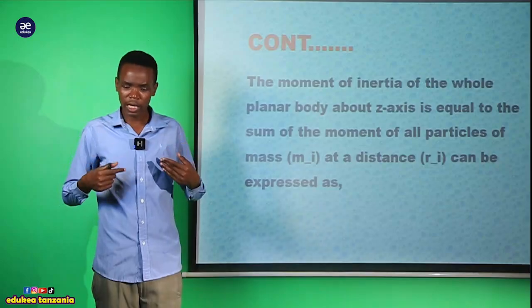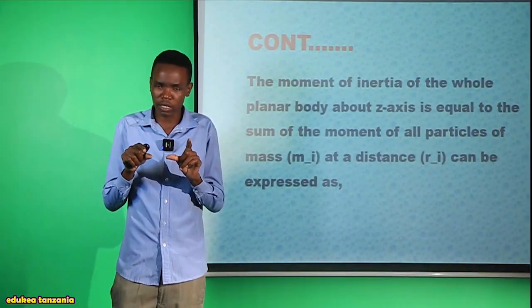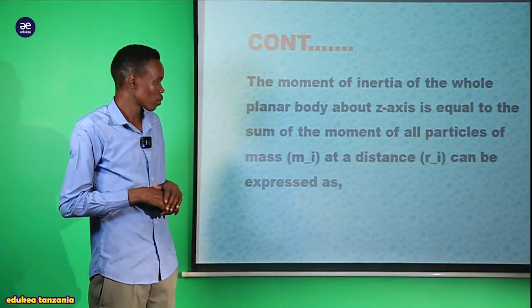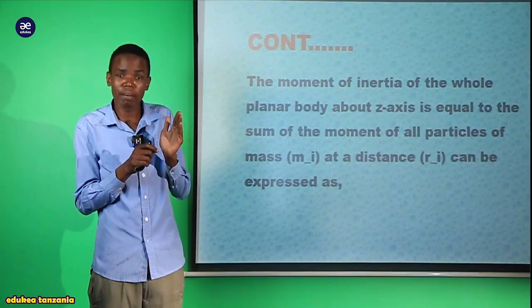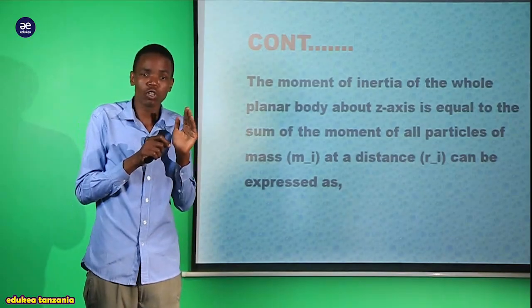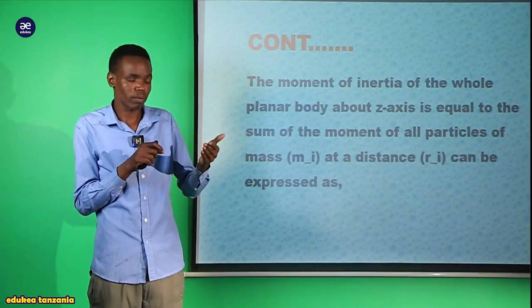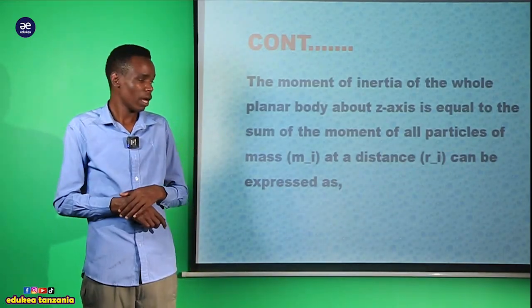So if we consider all of the particles that are found inside the planar rigid board, we should say that those particles must contain the mass mi. It means the mass of any particle. If we have many particles, their distances should be represented by ri.